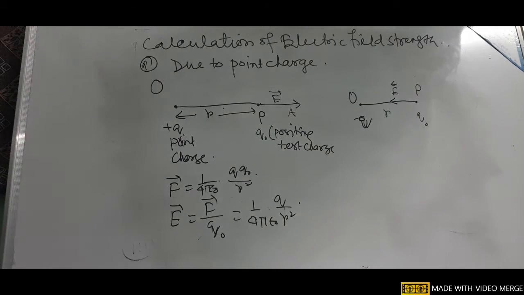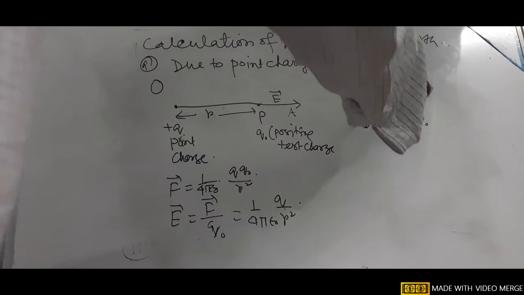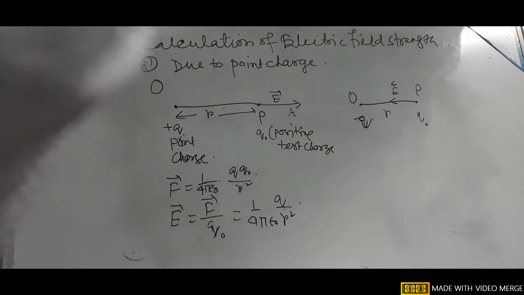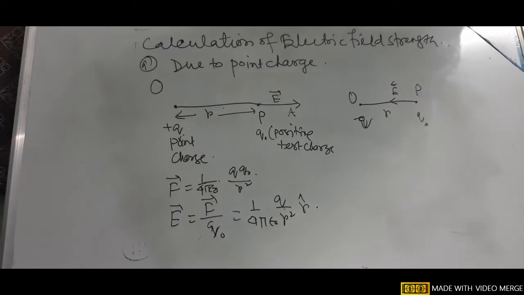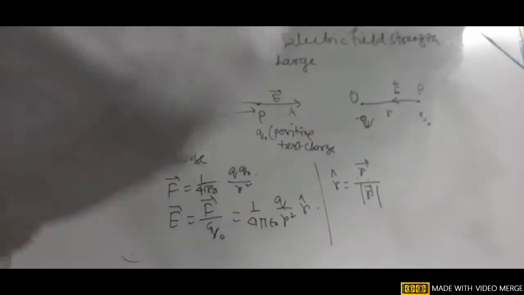This is the electric field, and the same relation holds for the negative charge also. This can also be written in vector form. In vector form, E equals 1 by 4 pi epsilon, Q by R square, into R unit vector. As we know, any vector divided by its modulus gives the unit vector.